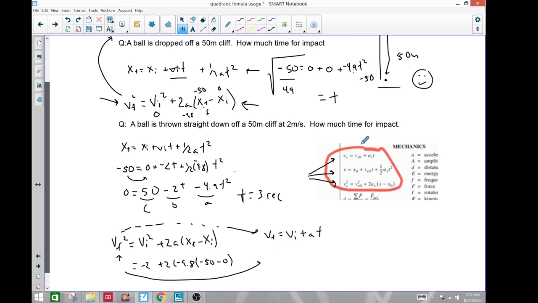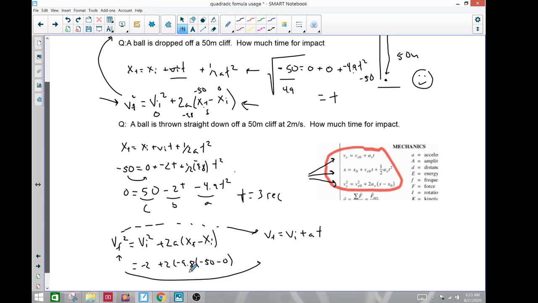Let's do it quickly. All right, so let's do this first part right here. 2 times 9.8. Okay, now the 9.8 is negative, so 2 times negative 9.8 equals negative 19.6. Multiply times negative 50 equals 980.